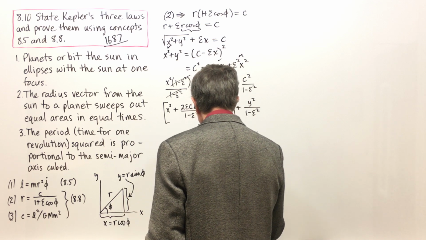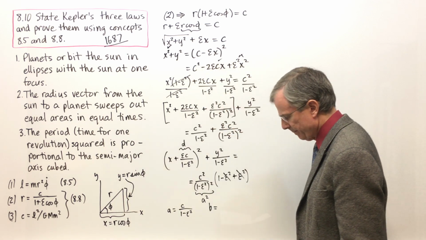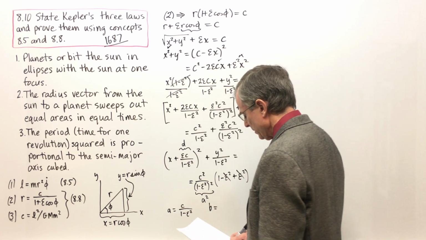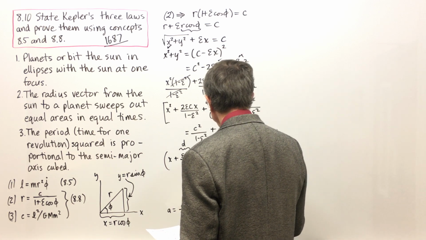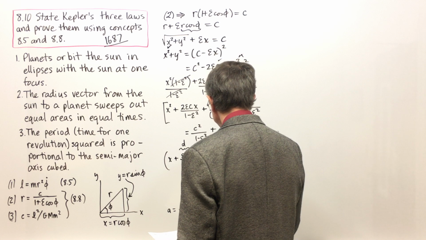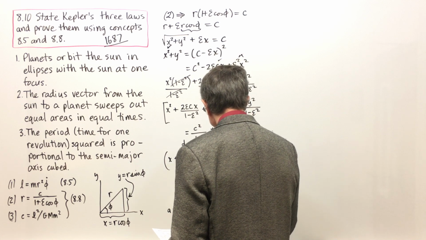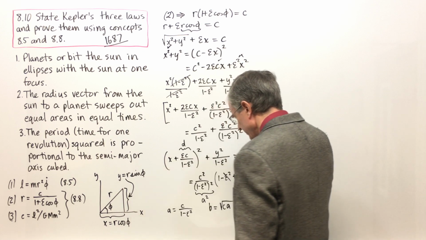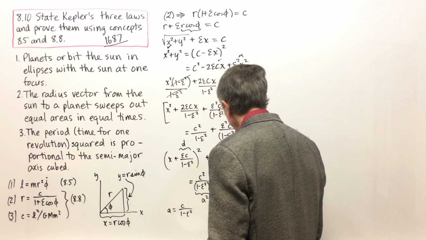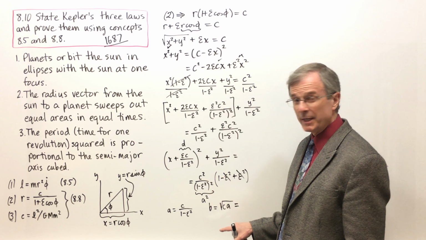B I'm going to define as square root of c times a. So that, I'm just defining constants here.